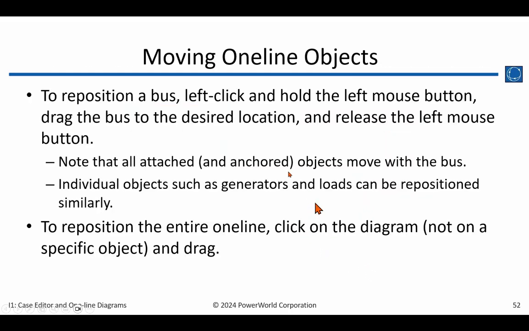And this slide describes what we did with repositioning buses. And again, if you're clicking in the background, not on a specific object, it will just pan the one line instead of moving the objects.